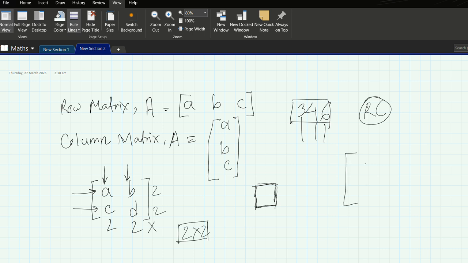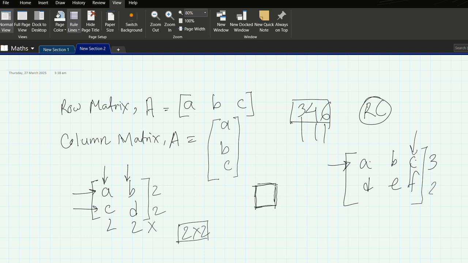So let's say here is a matrix ABC and DEF, the similar one. In the row, there are 1, 2, and 3 elements, so 3, and in a column there are 2 elements.